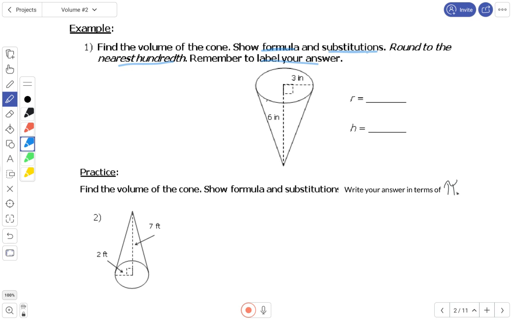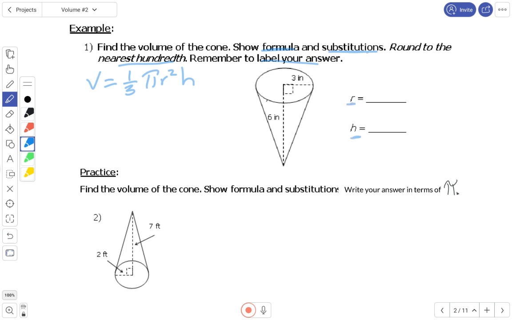All right, so I look at my shape and it's a cone. So when I think, okay, I want to find the volume of a cone, I'm going to write down my formula. 1/3 pi r squared times the height. Okay, what do I need to pull out of my diagram and put in the formula? My radius and my height.